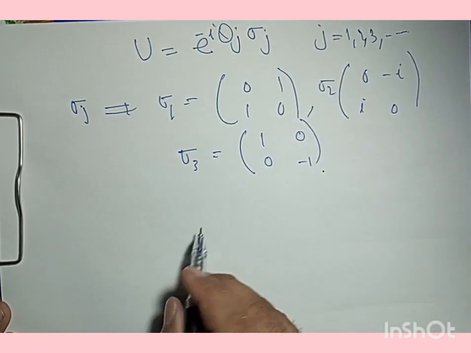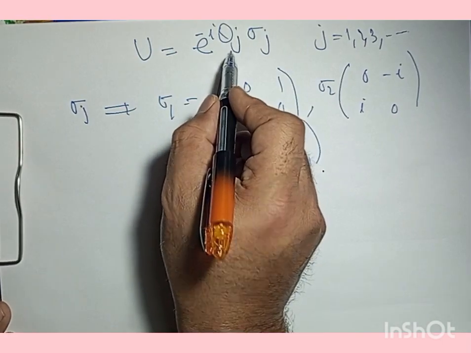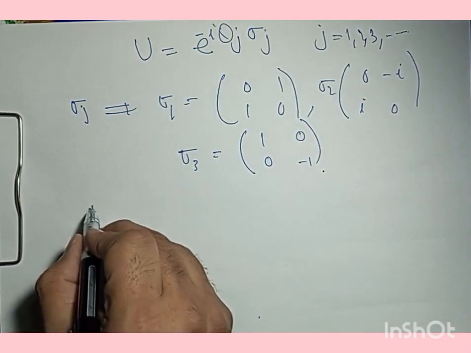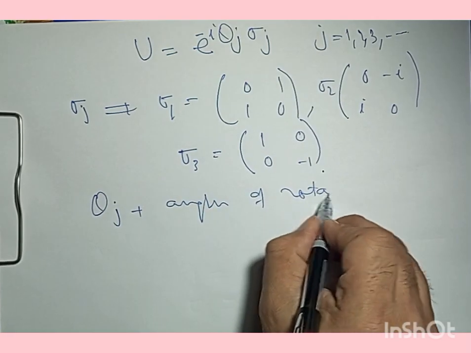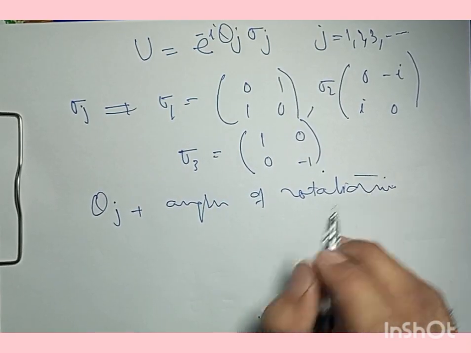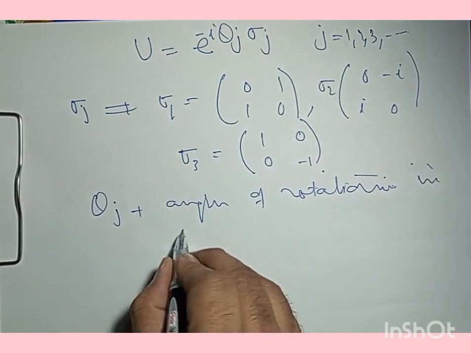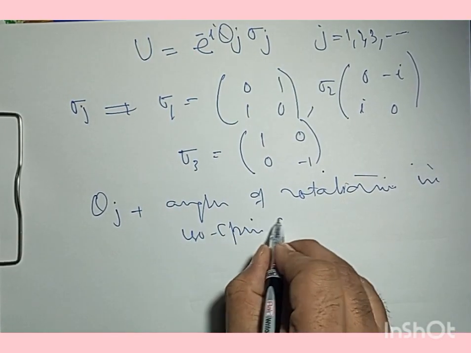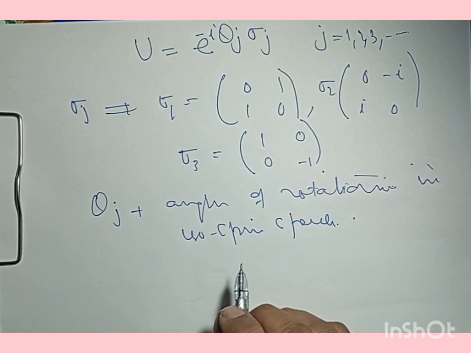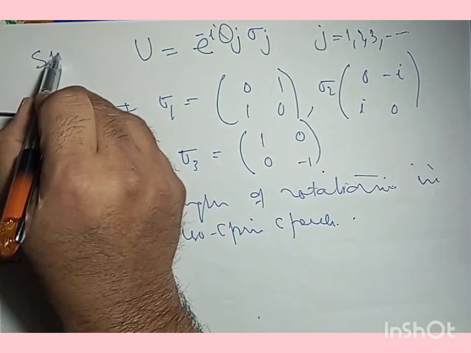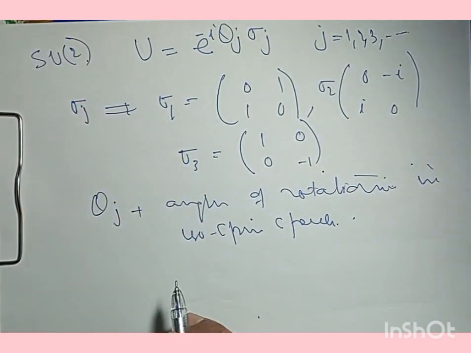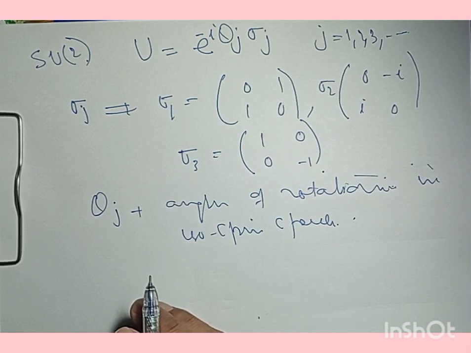All right. And the theta_j that we have here are angles of rotation in isospin space. The fundamental particle doublet that we have in this SU(2) symmetry is two-dimensional, which is given by the two components of the column matrix.